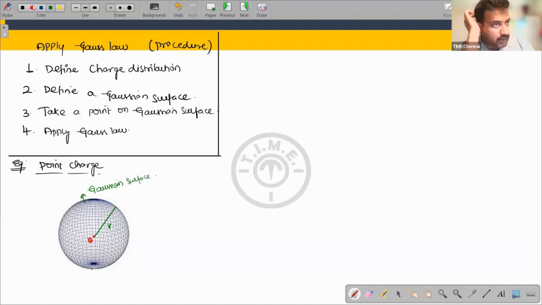Next, take a point on this Gaussian surface. Now apply Gauss law at this point. Very clearly, the one that is going radially outward is along the direction a_r.